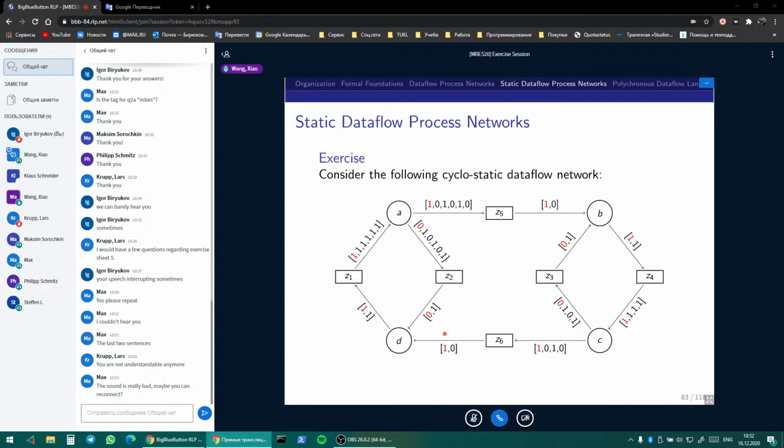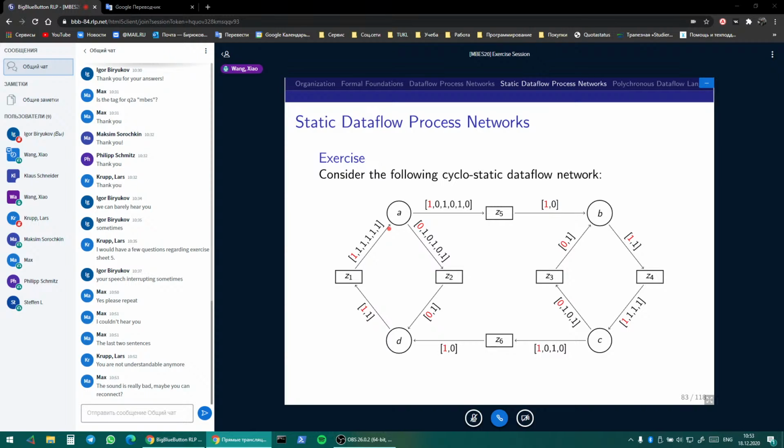So what it says here is that A has 6 firings to complete one cycle. It fires one rule, and then you can see it as it changes its state. And then it fires the second rule, and then the third rule, and then the fourth, and the fifth, and then the sixth.